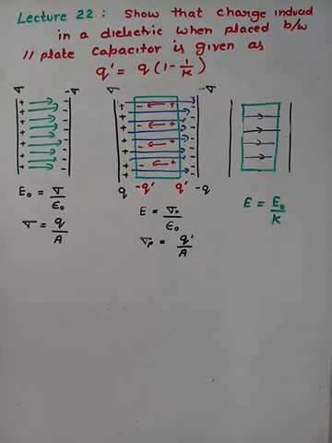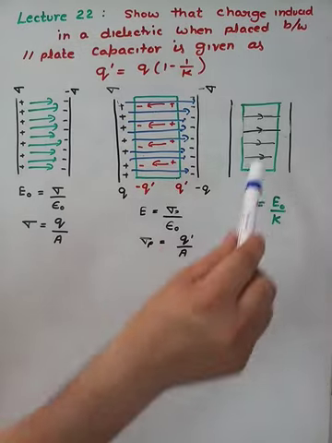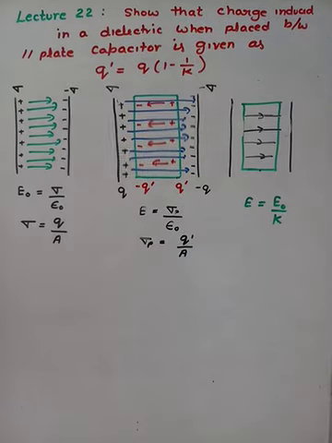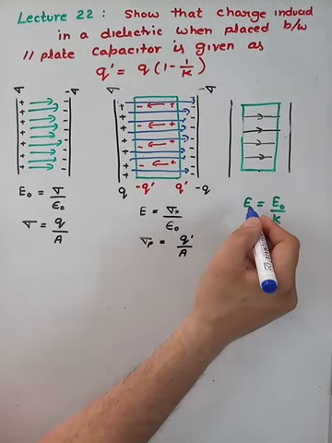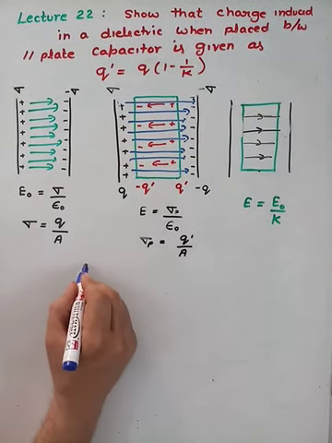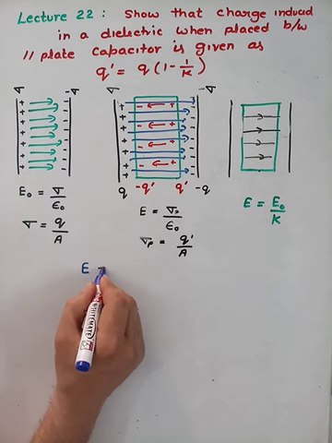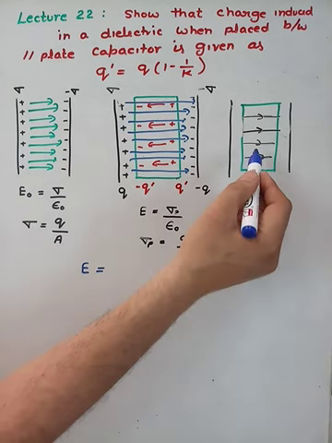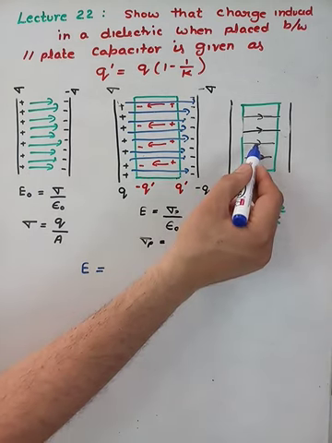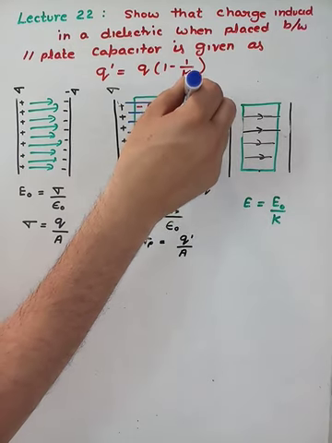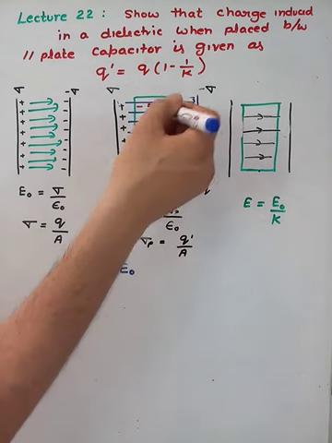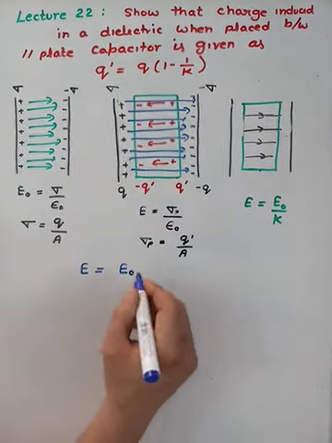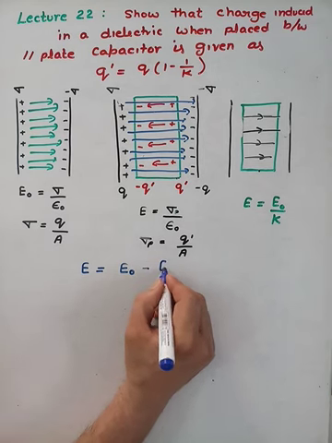Now, what is this field in the medium? The electric field in the medium, E, is equal to this blue field, the field in free space E naught, minus the field due to polarized charge, EP.